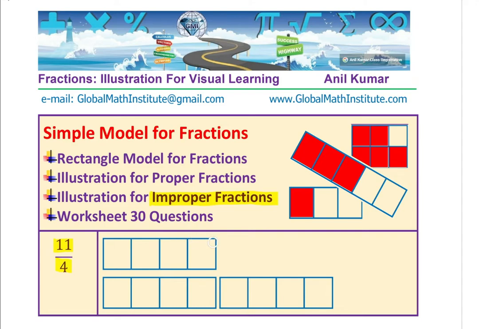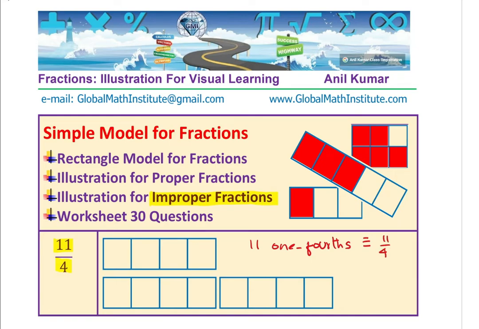We take a rectangle and then divide it into 4 equal parts. We want 11/4, right? This means we want 11 1/4. That is what we say when we say 11 over 4.